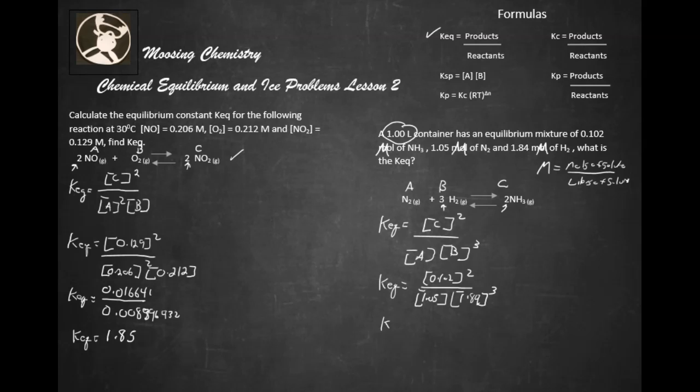So Keq equals, let's get the top number first and then we'll get the bottom number. So 0.102 squared, our top number, is going to be 0.010404. Let's do the bottom now.